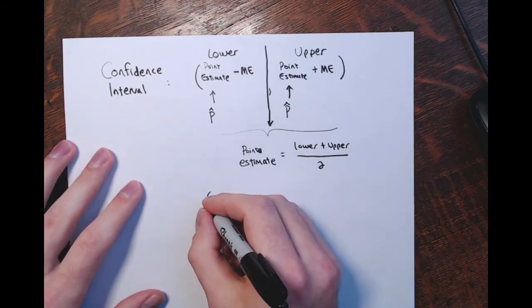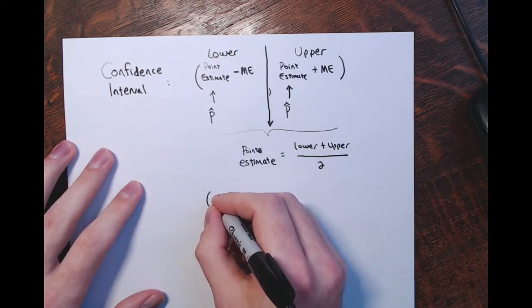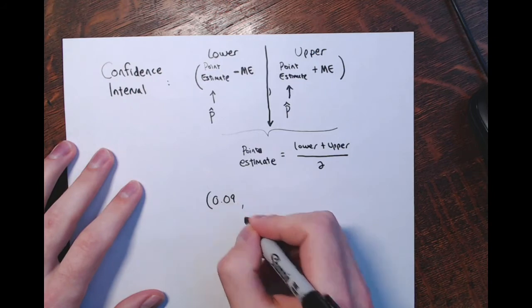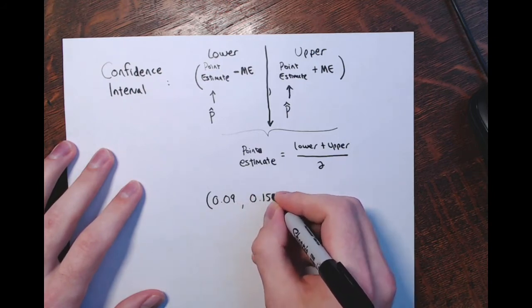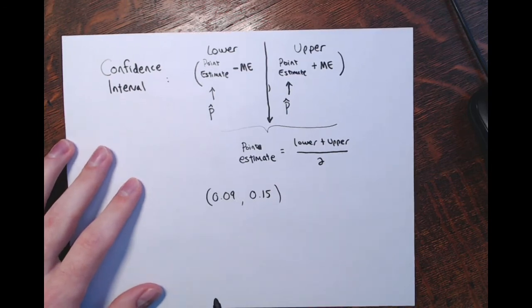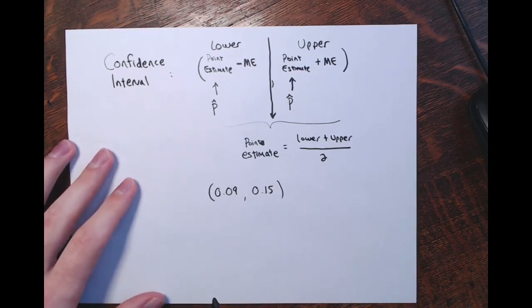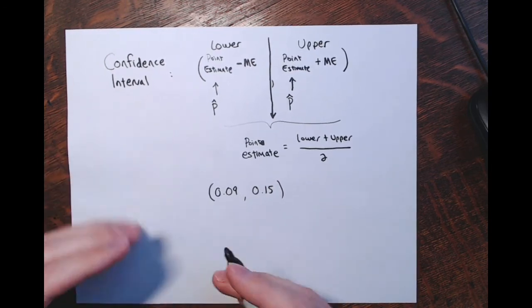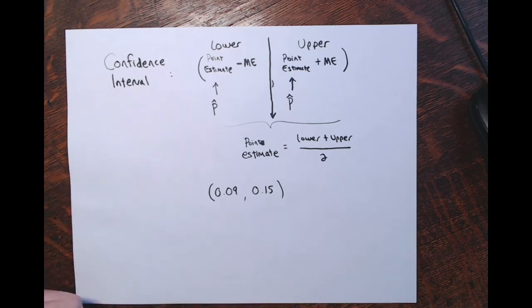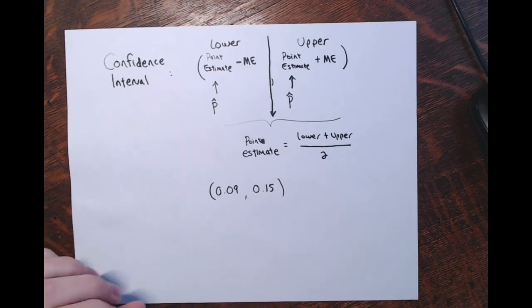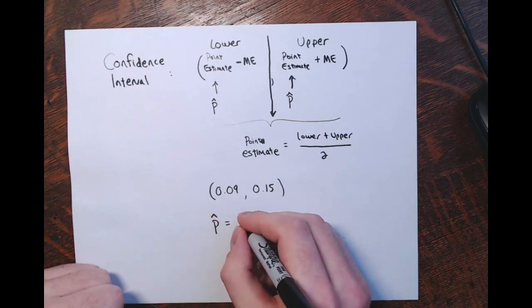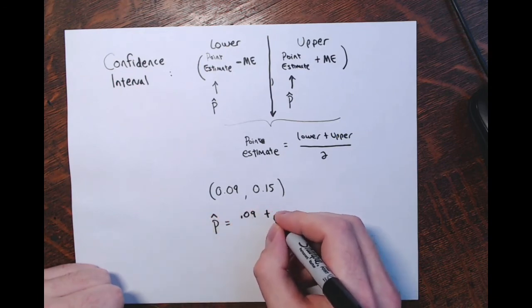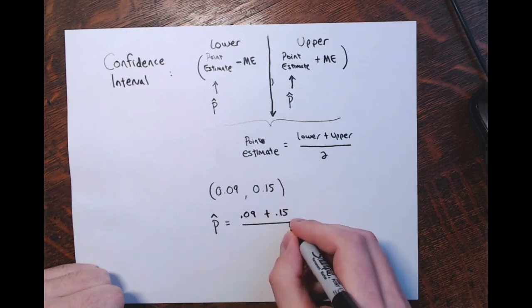So in our example here, the lower bound was 0.09 and the upper bound was 0.15. We just need to figure out the point estimate, the sample proportion that brought about this confidence interval. That would be the value exactly halfway in between. So p hat would be 0.09 plus 0.15, divided by 2.